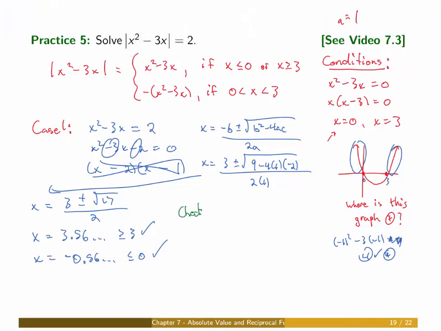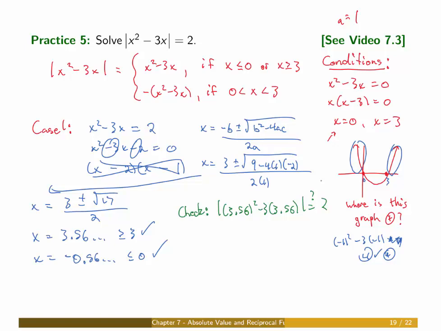If you check, what you're left with is the following: the absolute value of 3.56 squared minus 3 times 3.56 equals 2. Is that true?